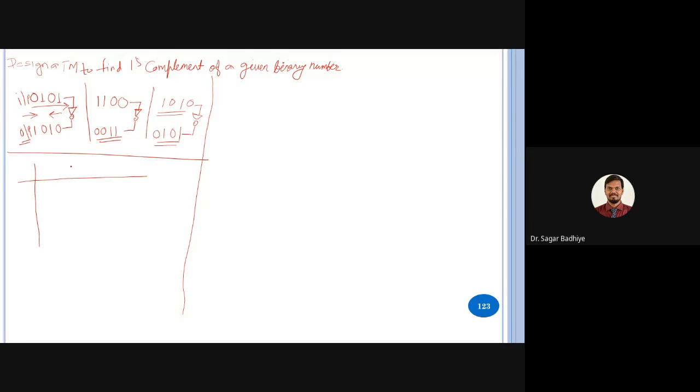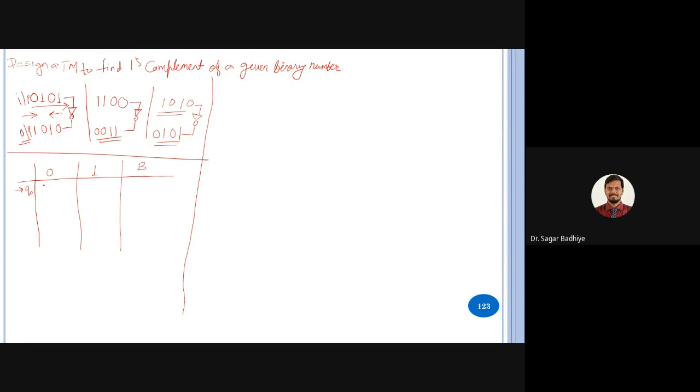For designing the Turing machine, we need to consider the tape symbols. So 0 is the first tape symbol, then 1 would be the second tape symbol, and the last symbol that can be there on the tape is a blank, right? And then the Turing machine will start from initial state Q0.